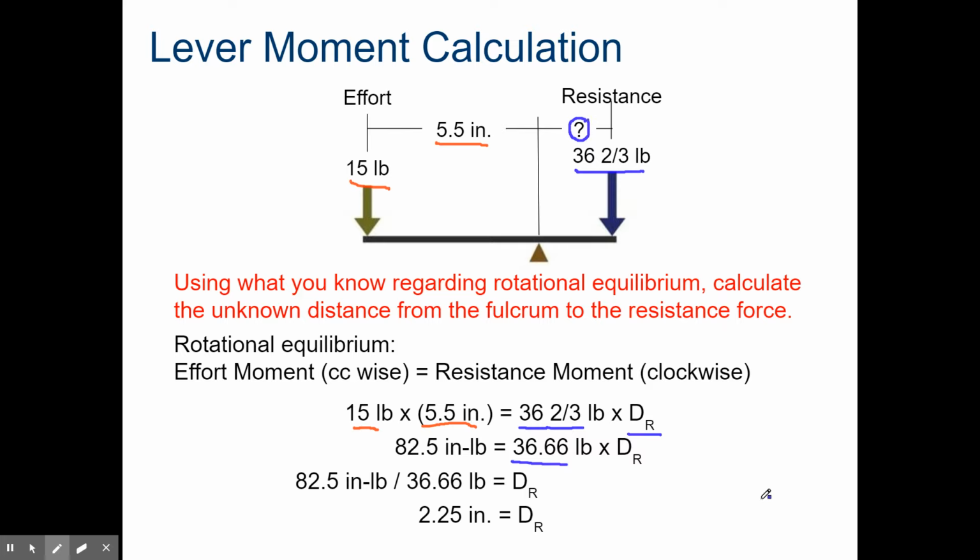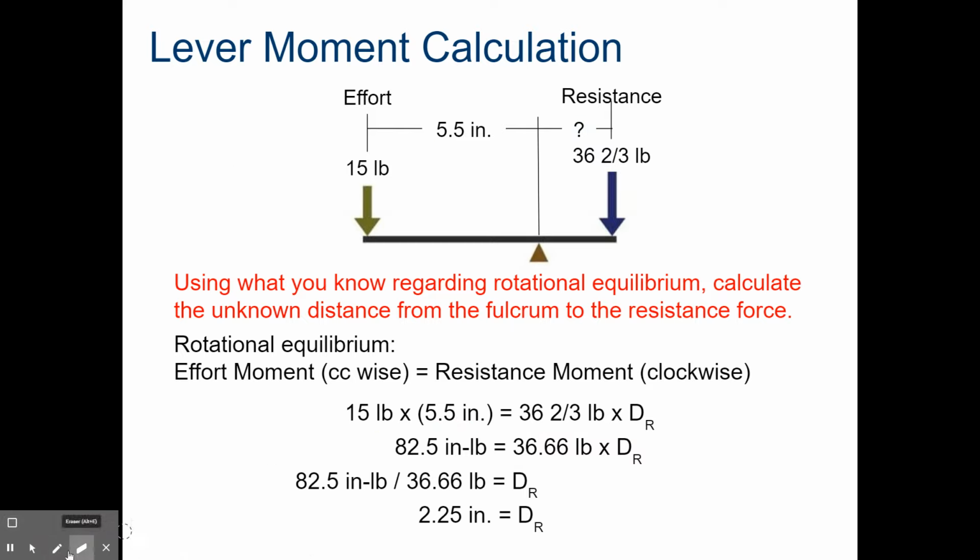That's your question mark. You'll notice that while it is going clockwise, it's not negative, but that's because it's on the other side of the equation. If I did it this way, effort moment, which is positive, minus resistance moment equals zero. That's another way to do it. There it's negative.